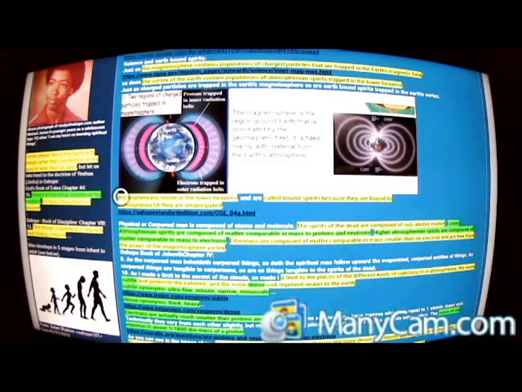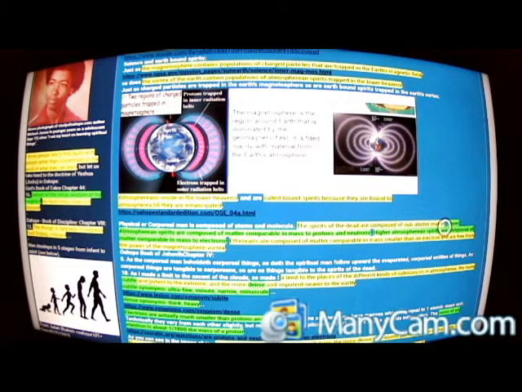And below that I have written, atmospherians reside in the lower heavens and are called bound spirits because they are bound to atmosphere till they are emancipated. And that's from the Oahspe Standard Edition.com, and I have a link to that. And underneath that, it says physical or corporal man is composed of atoms and molecules.